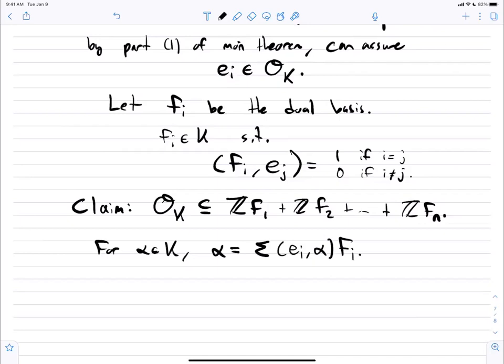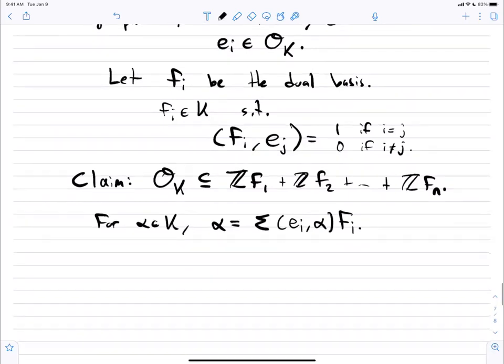Somehow this is just a reinterpretation of what it means for this to be the dual basis under this pairing. I'll leave that as something to be worked out on your own.